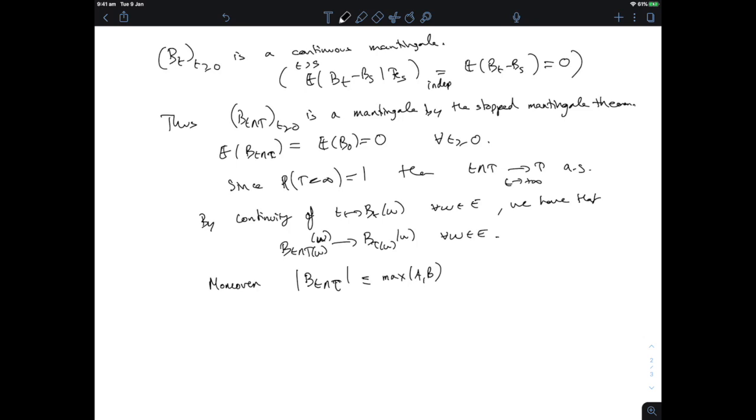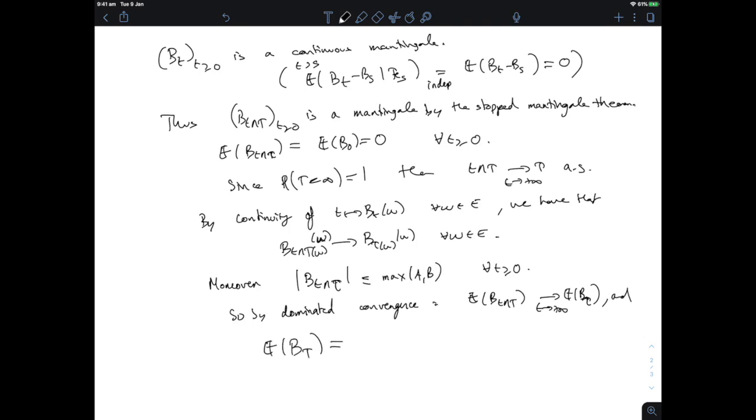This is just a fixed number, and a constant random variable is always in L1 on a probability space. That's true for all t greater or equal than 0. So by dominated convergence, the expectation of B at t minimum tau tends to the expectation of B of tau as t goes to infinity. But of course this was constantly equal to 0, so the expectation of B of tau has to be 0.